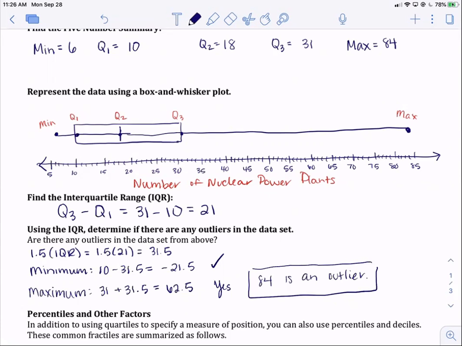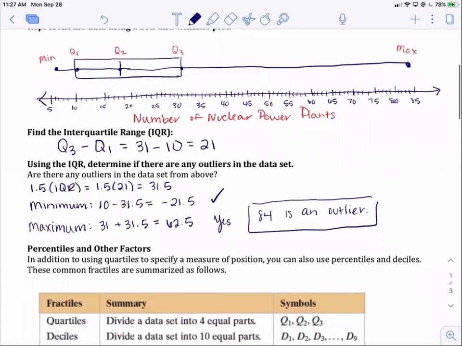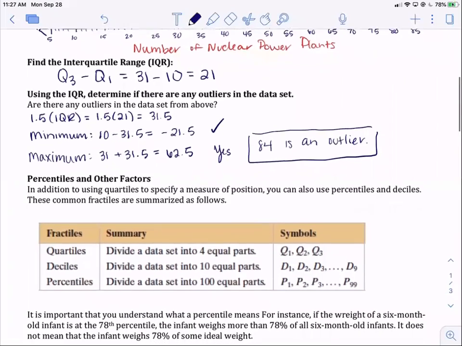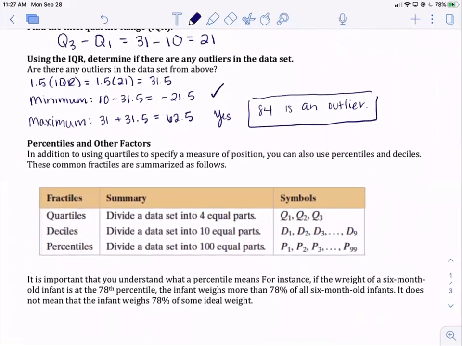Okay, the last part of 2.5 that we're going to talk about for right now is percentiles and other factors. So we looked at quartiles. You would also break up a data set into deciles, which breaks it up into 10 different portions. Percentiles is something that you look at a lot, like state assessments, ACT, anything like that. We break things up into percentiles.